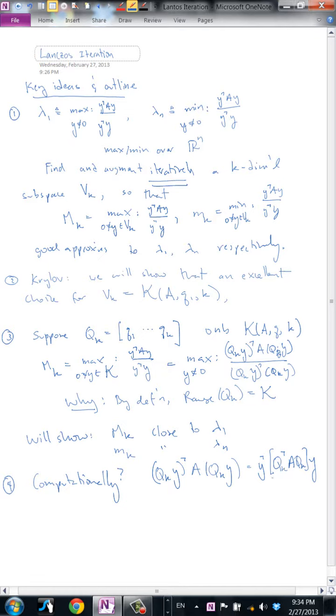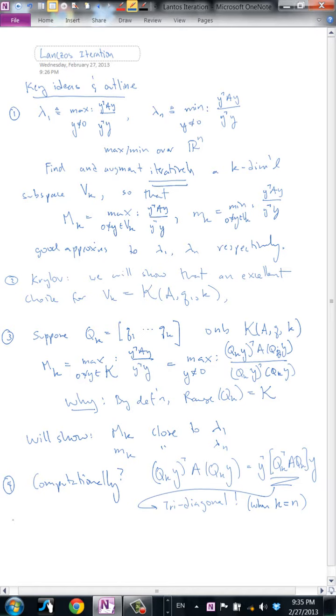And what we saw is that this is tridiagonal. So this is some tridiagonal matrix, or as we'll see, it approaches tridiagonal when k is equal to n.